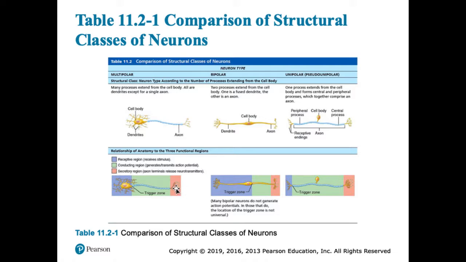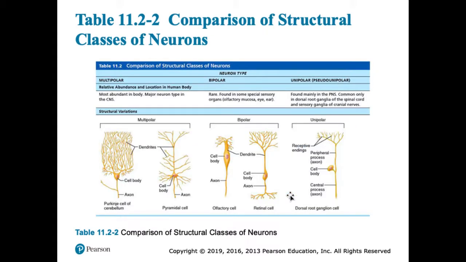And then, of course, the red, which is the secretory region, where the stimulus is released. So you can see how different that is in each of these different structure types. You have a huge trigger zone with regards to the bipolar neuron, and a very small trigger zone for a unipolar. It's very interesting to see the difference between these and how they behave.